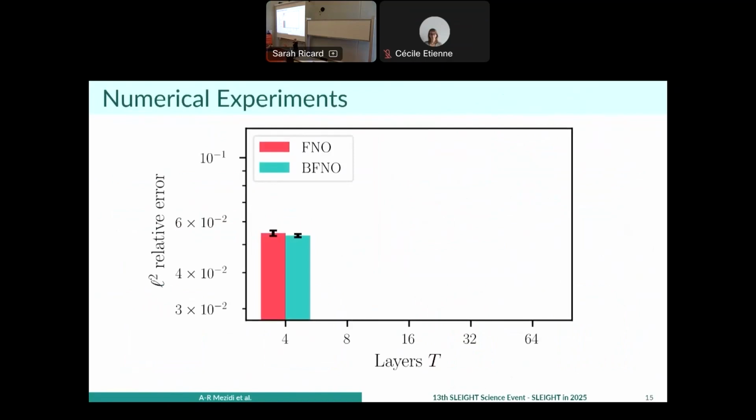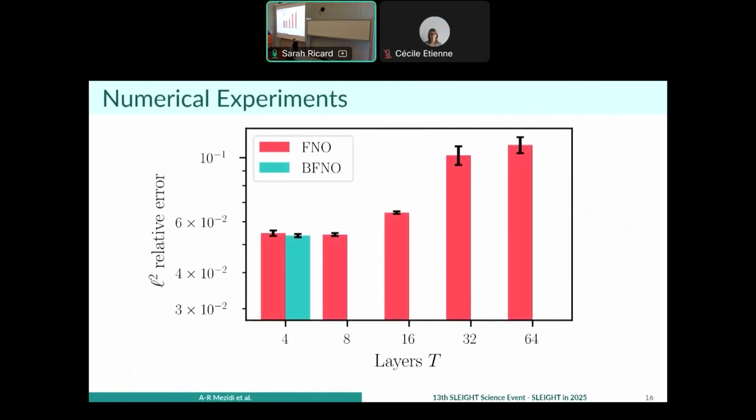What we see here is that for the standard Fourier neural operators, when we increase the number of layers, we have a decrease in performance. This might explain why generally in the literature, they don't exceed 4 layers.